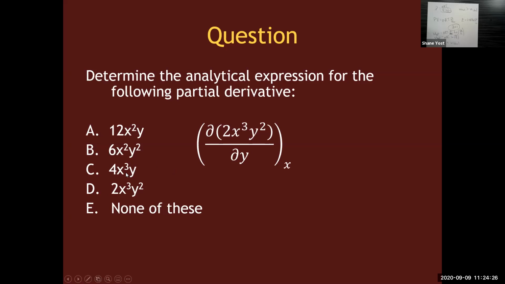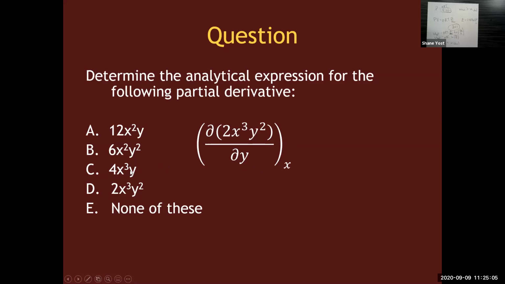So here's C, there's the B online here. If I take the derivative of this expression with respect to y, holding x constant, that means 2x cubed is effectively a constant. So I pull that out, and I'm just looking at the derivative of y squared with respect to y, which gives me 2y. So 2y times 2x cubed gives me 4x cubed y. So C here, 4x cubed y.